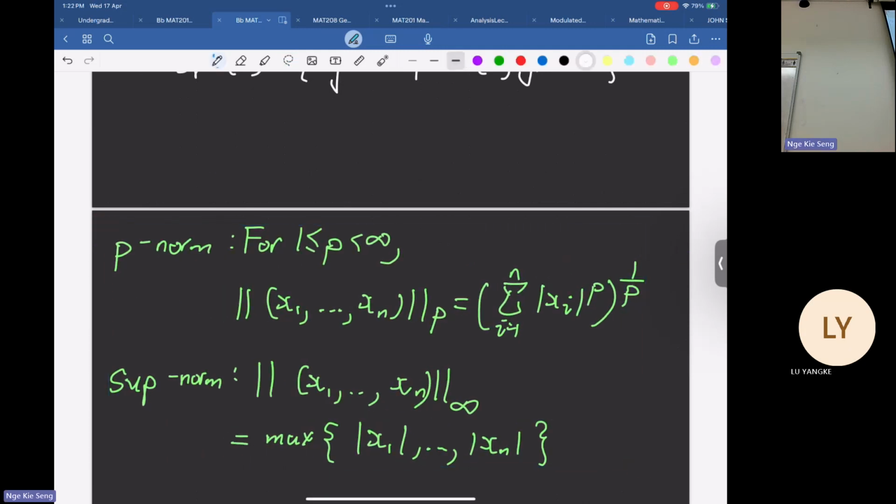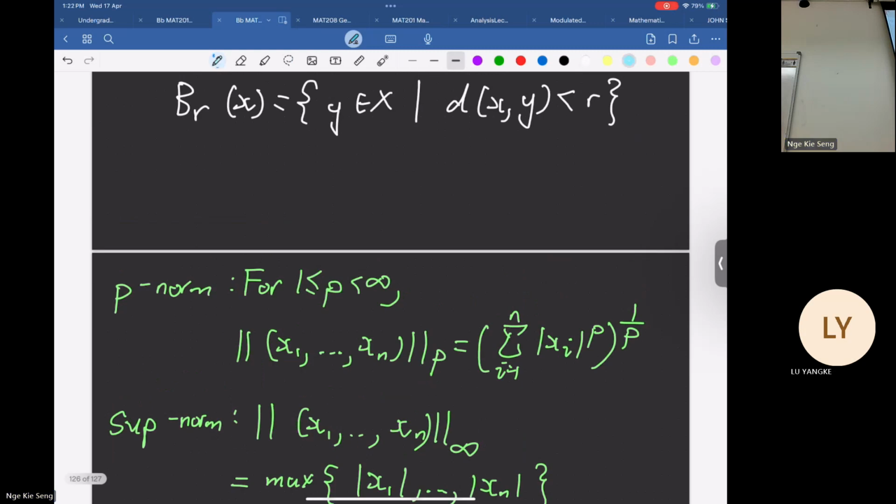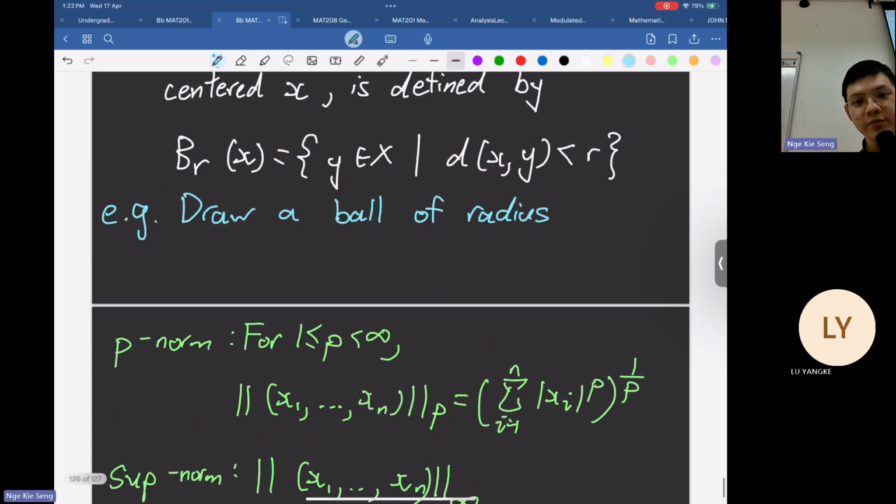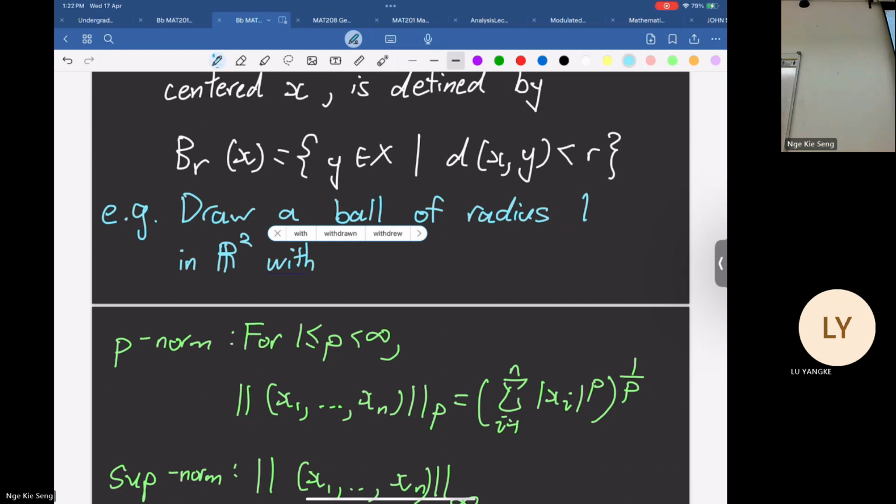I want you to draw a picture. Draw a ball of radius, let's say radius 1, in R2. R2 with, let's say, the 2 norm, which is the Euclidean norm.